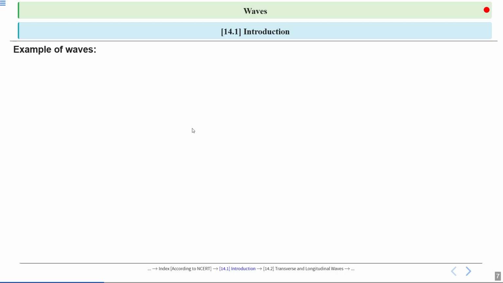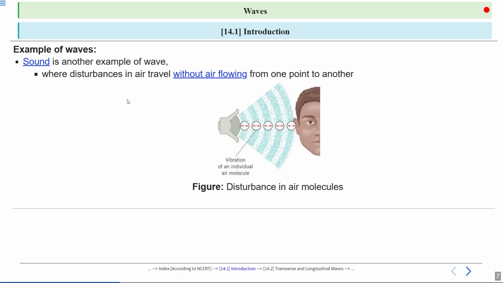Example of waves. Sound is a great example of a wave. Sound travels through air, but the air itself does not move from the source to your ear. Instead, the disturbance moves through the air, where disturbances in air travel without air flowing from one point to another.